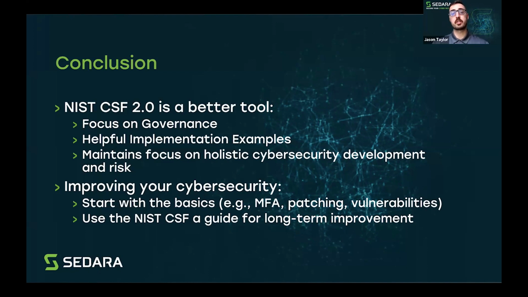And we also talked about strategies to actually use the NIST CSF 2.0 to improve your cybersecurity maturity and reduce your risk. Start with the basics. Don't get bogged down in the nitty-gritty. Do MFA, do patching, do vulnerabilities, and then focus on long-term strategic improvements with the support of organizational leadership and using the NIST CSF for broad-term improvements.